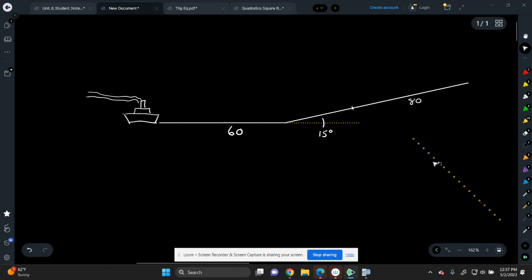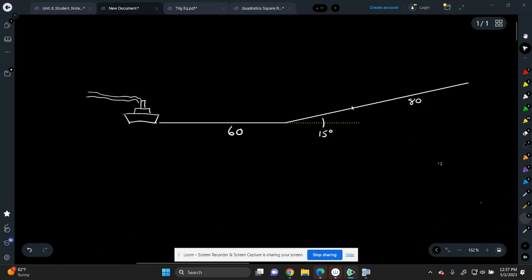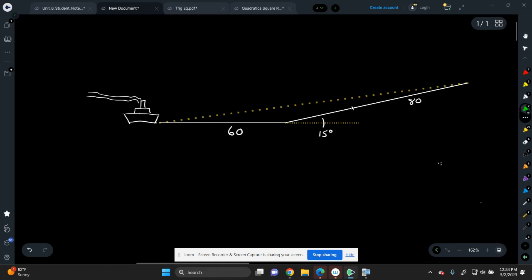How far is the ship from its point of departure? So I'm looking for this distance. So I'm just going to label my triangle A, B, C.